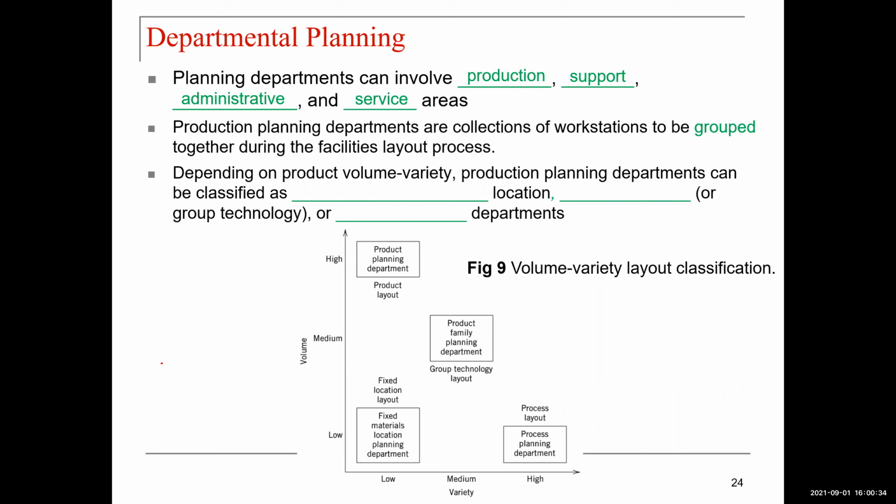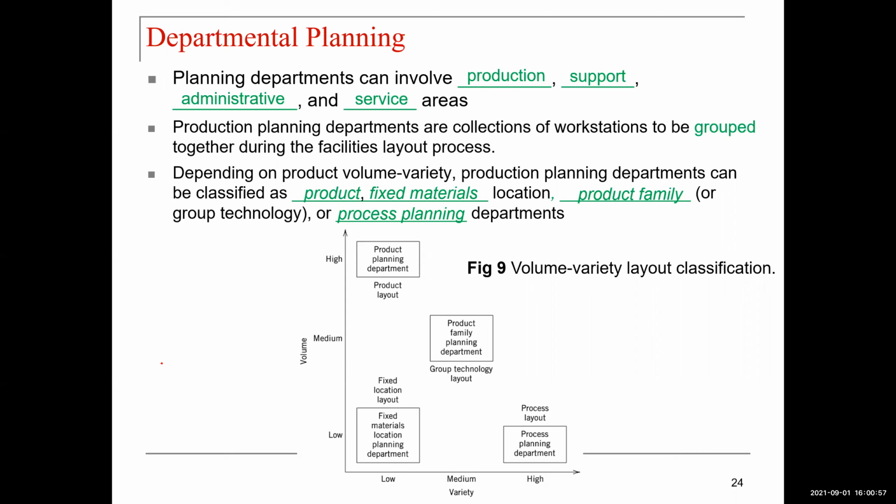Depending on product volume and variety, production planning departments can be classified as product fixed material location, product family, or process planning departments. So 3 different types.